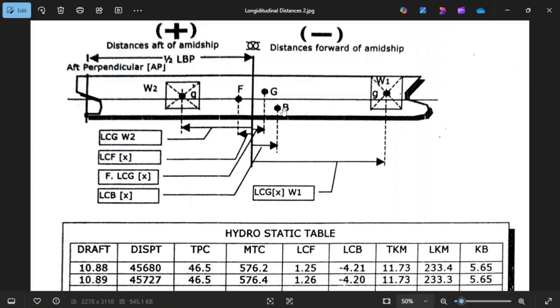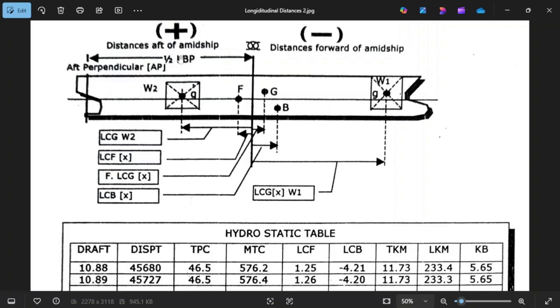From midship going to this point, the center of buoyancy, that is your LCB. LCF, from the middle, it is positive. So when you say positive, it should be aft. So LCF is this one. From the middle going to the center of rotation, that's your LCF. That's why it's positive. Okay, I hope that's clear.